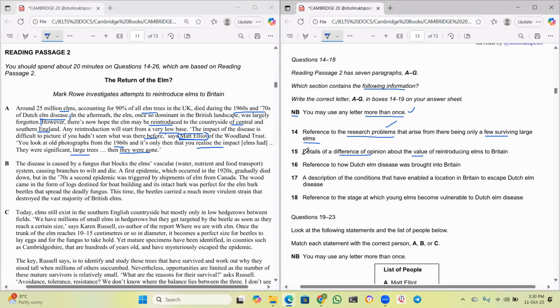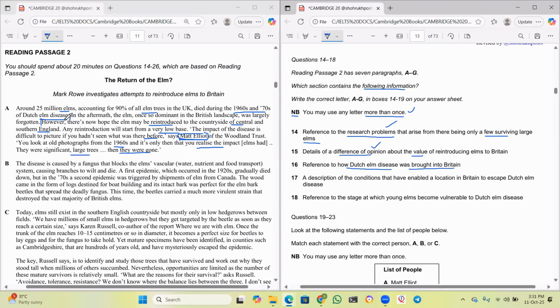Did we read anything about a difference of opinion? It means when two people are talking, they have their own views, right? Is there any difference of opinion in this paragraph? No.